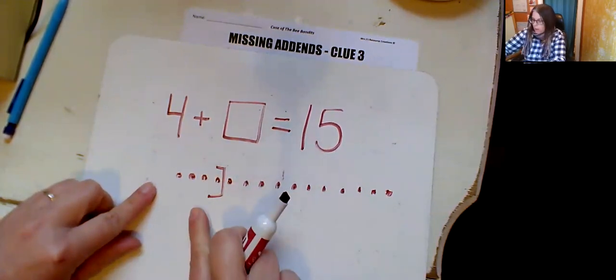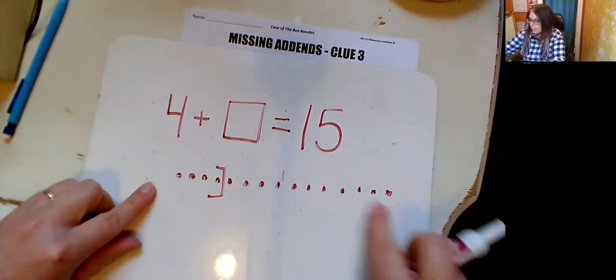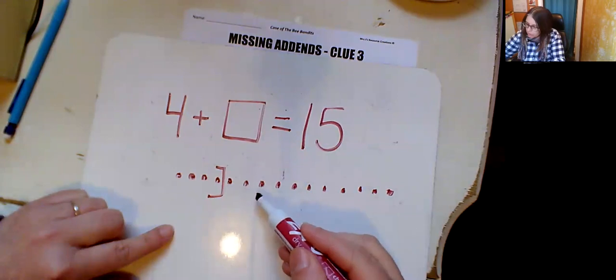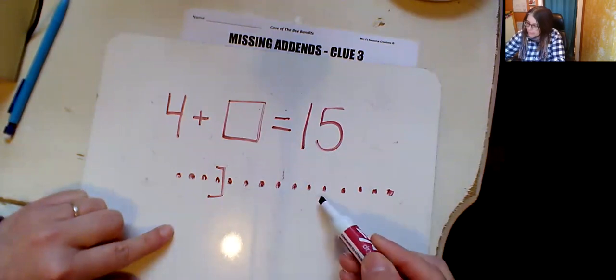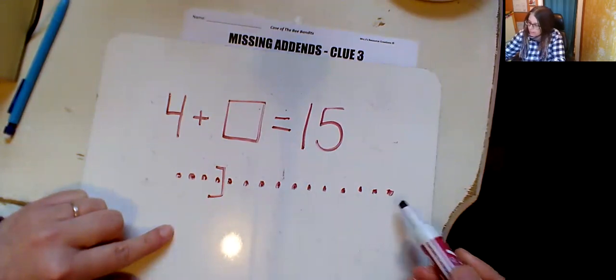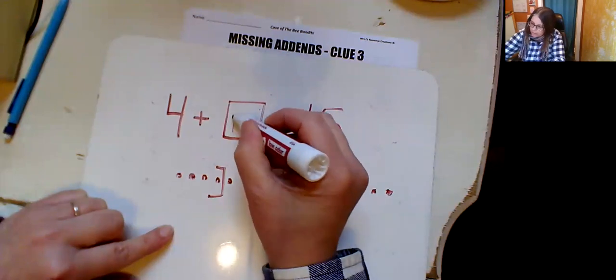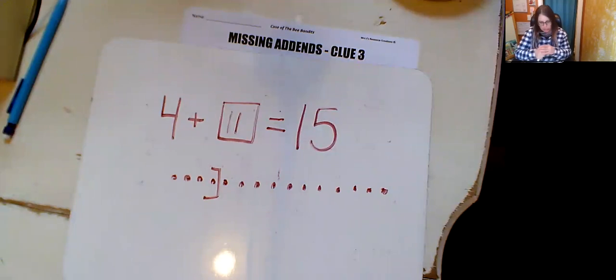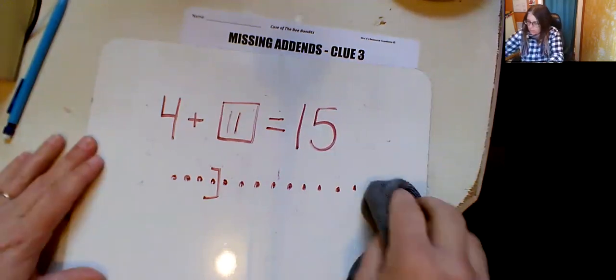So it's 4 plus however many this is, go together to make 15. So let's see how many this is. 1, 2, 3, 4, 5, 6, 7, 8, 9, 10, 11. 4 plus 11 equals 15. So you can use a picture.